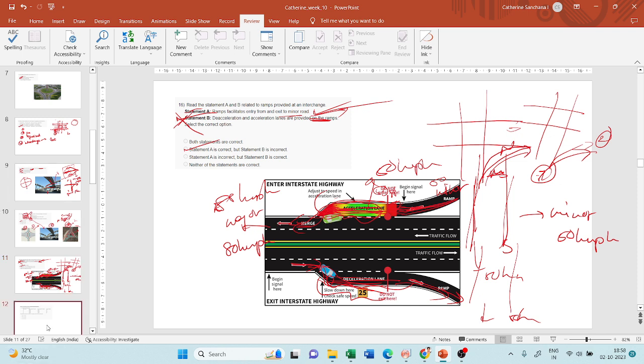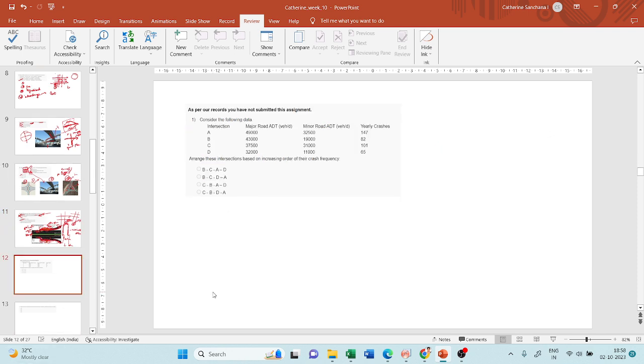Now moving to this week's problems. Okay, so consider the following data. You have an intersection and you have vehicles traveling in. They've given you the vehicles per day in the major road and minor road.